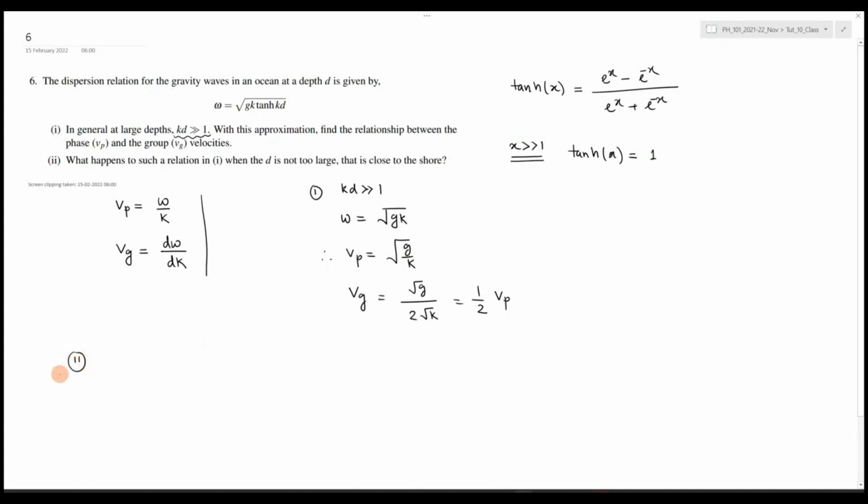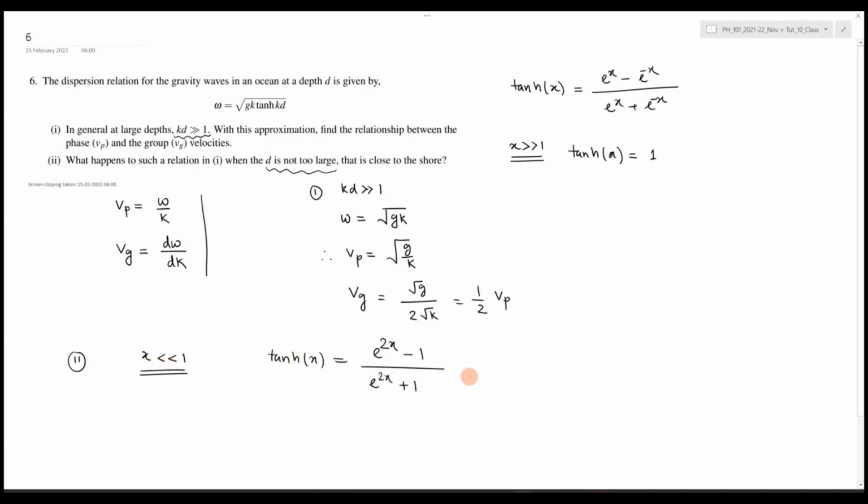Now for the second part. What happens to such a relation when d is not too large, that is, close to shore? That means your d is very much less than 1, or kd will be very much less than 1. In such a case, x will be very much less than 1. If x is very much less than 1, what will happen is tanh x you can write as e to the power twice x minus 1 divided by e to the power twice x plus 1.